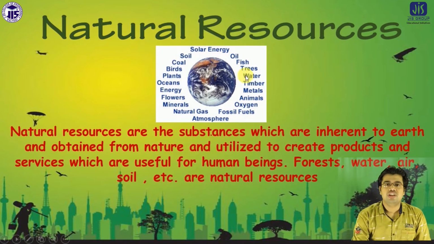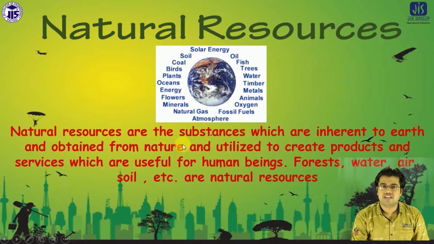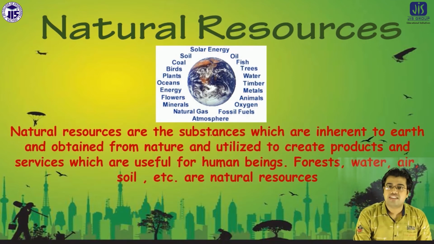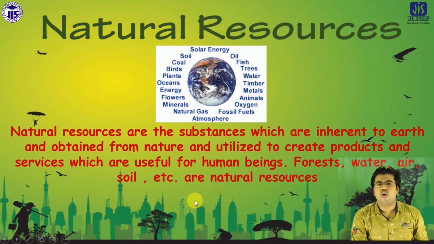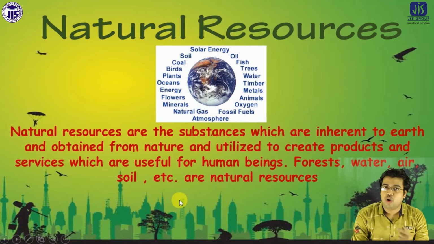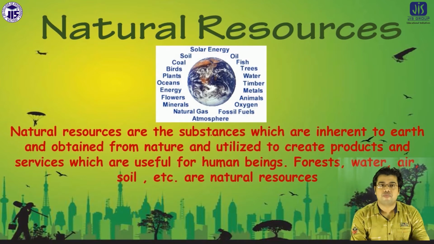And simply look here, what is the natural resource? Natural resources are substances which come from nature, that means which are produced by nature. For example, forest, water, air and soil are all natural resources.